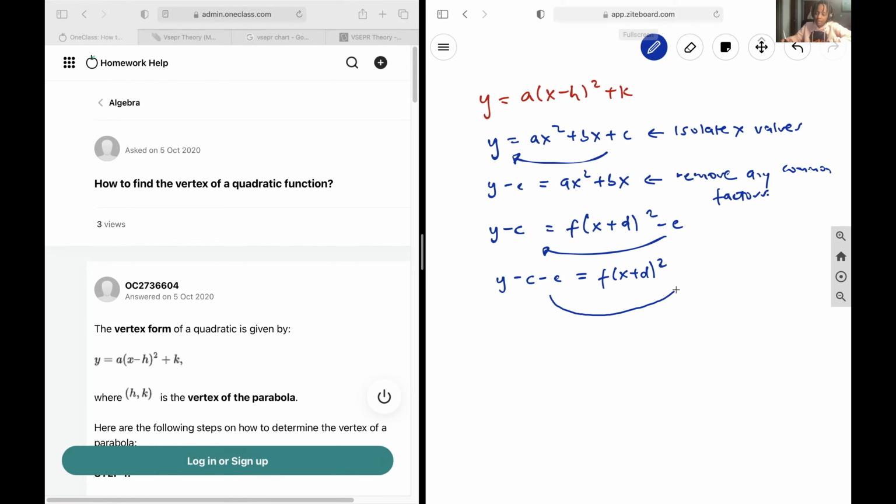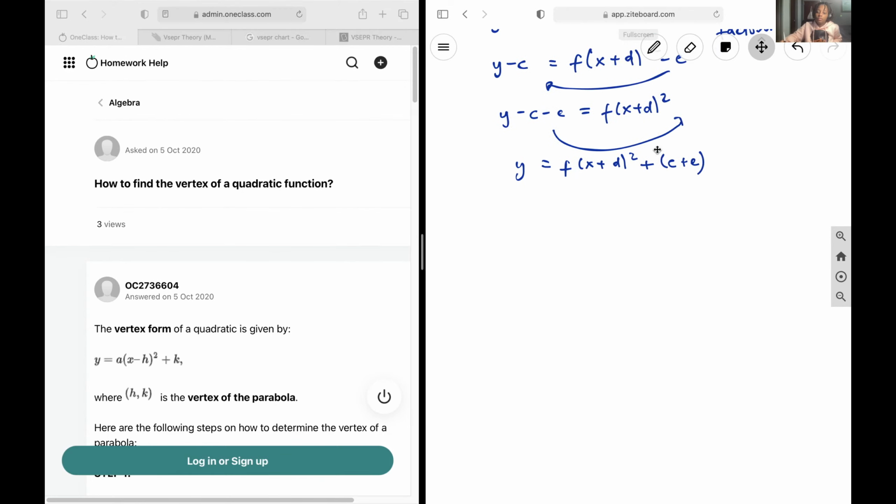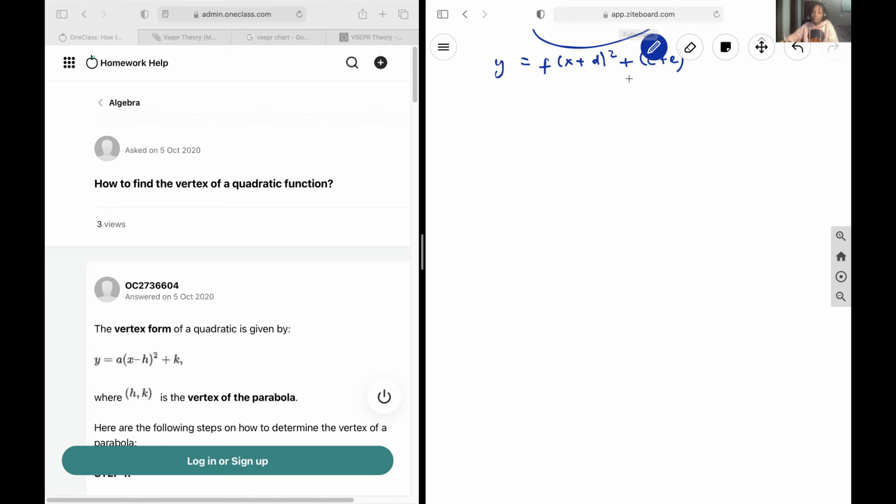And then you're going to bring everything back on over. And we have y = f(x + d)² + c + e. And then now you just figure out h and k from the general form and plug in what your vertex is going to be. So let's do a couple examples of that.